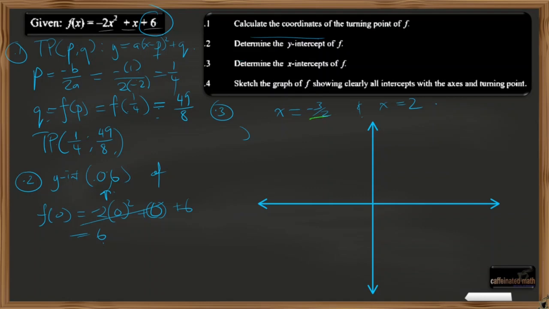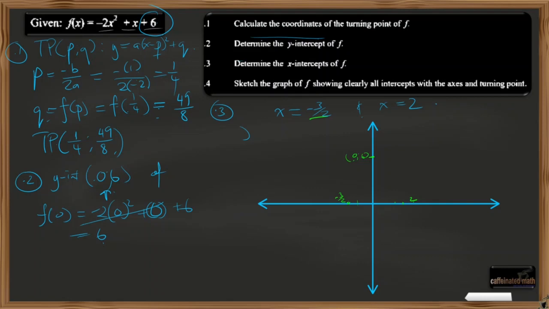Well, so negative 3 over 2 should be over there. And let's use some symmetry, and 2 should be over there. You know where this cuts, that's where x is equal to 0. So we'll say that is 0 and 6 right over there.